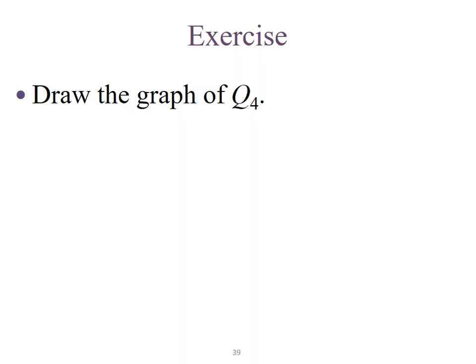Now I would like to draw the graph of Q4. Please draw the graph on your A4 paper. What Q4 looks like. And you also need to label the bit string of Q4.